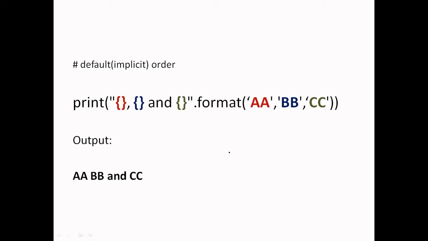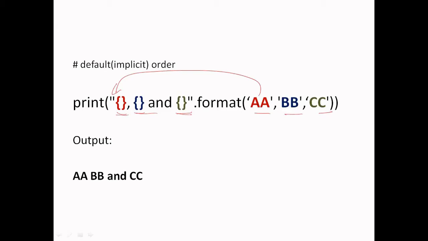There are three ways to use the format method. In the first method, we just provide the placeholders, or the curly braces. These curly braces will be replaced by the values inside the format method. If we have three placeholders, we must have three values. These three values will be replaced respectively in their placeholders.